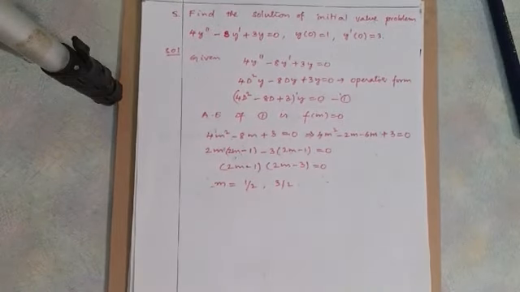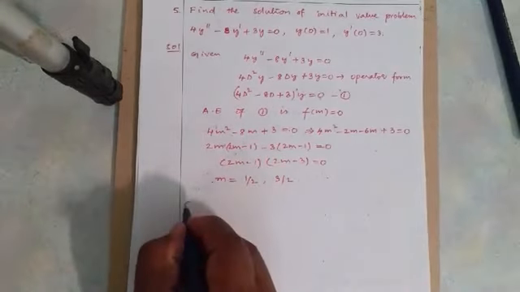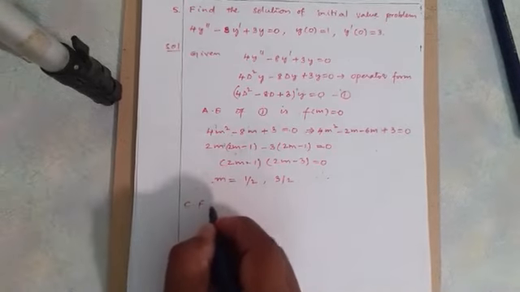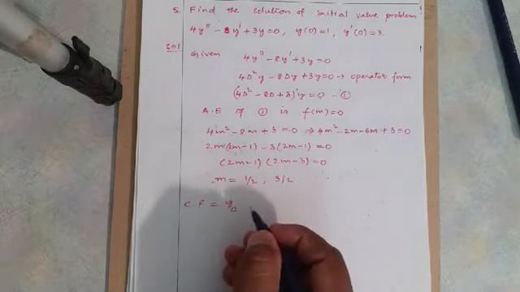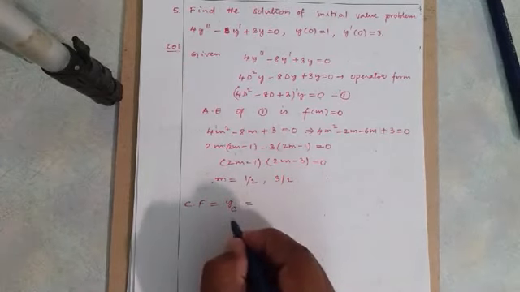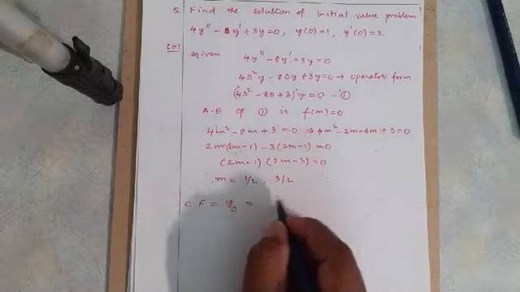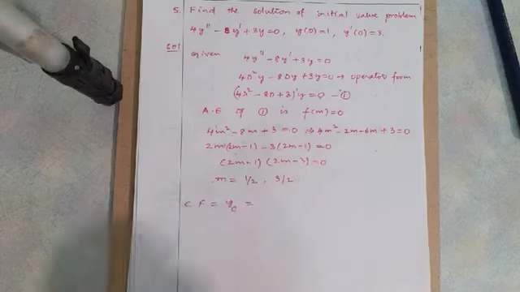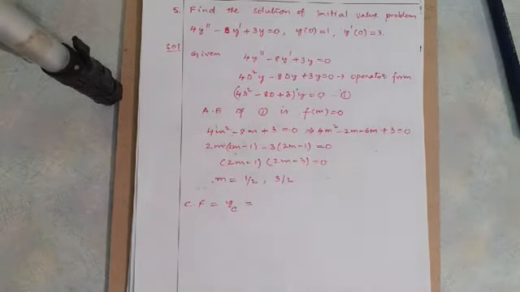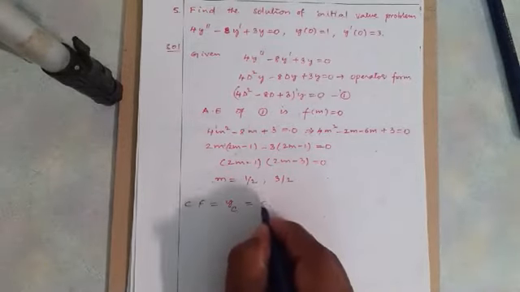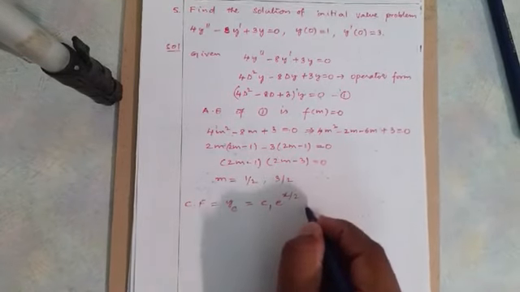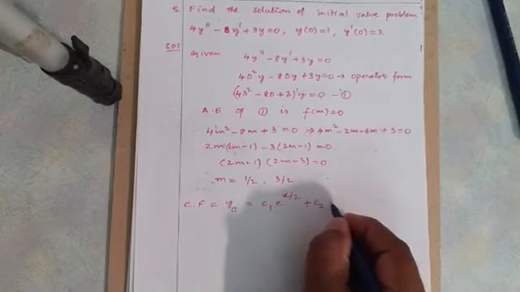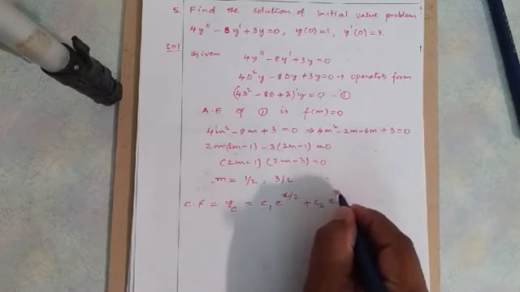Now we write the complementary function. As you know, we represent the complementary function with yc, that is y suffix c. Here you can see the roots are real and distinct. So if it is the case, we write yc = c1 e^(x/2) + c2 e^(3x/2).